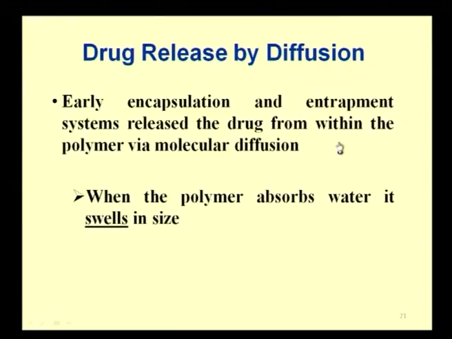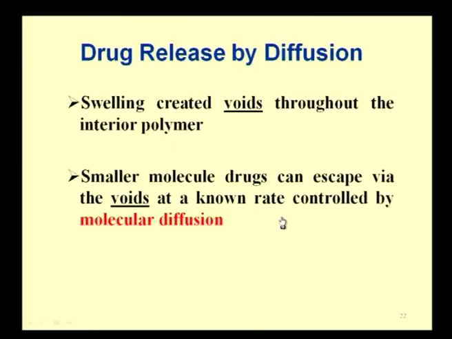Early encapsulation entrapment systems released the drug from within the polymer via the route of molecular diffusion. What happens in such molecular diffusion is that when the polymer absorbs water, it swells in size initially, and the swelling creates a large number of voids throughout the interior of the polymer.